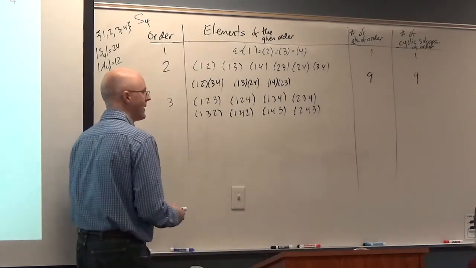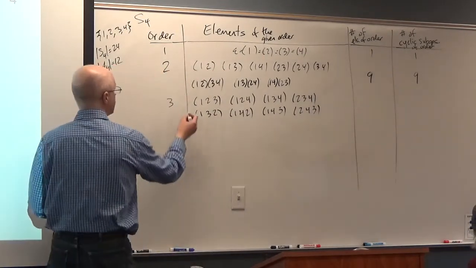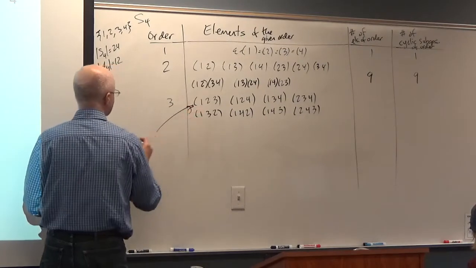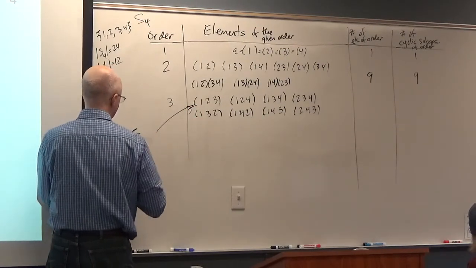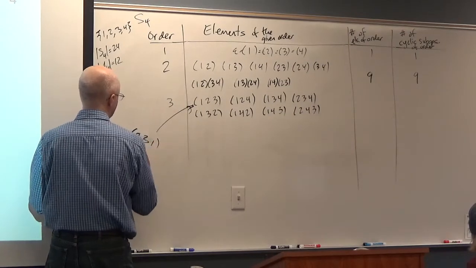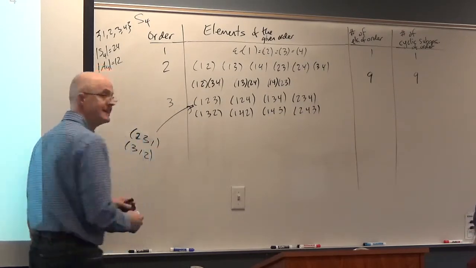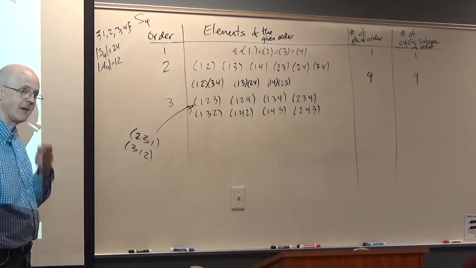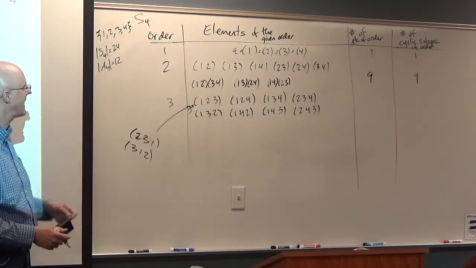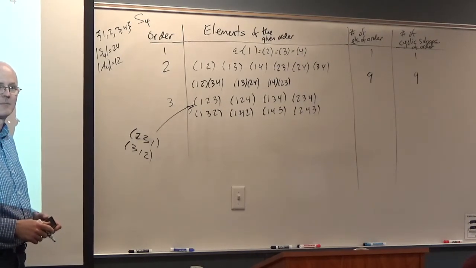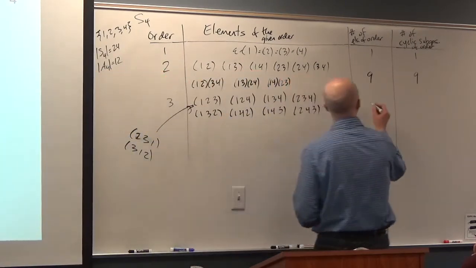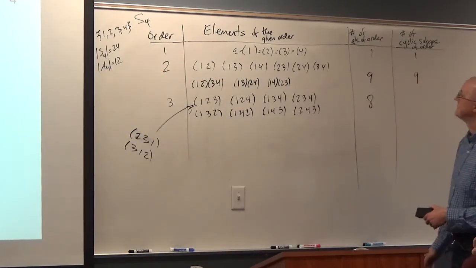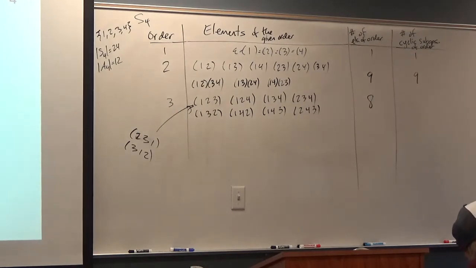Remember, any of these can be written in really 3 different ways. For example, (1 2 3) can be written as (2 3 1) or (3 1 2). Those are the same permutation. Same for the other 7 of them. There's 8 elements of order 3. How many subgroups of order 3 would there be?